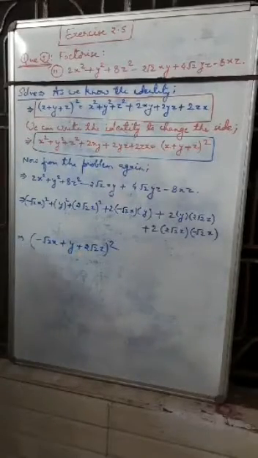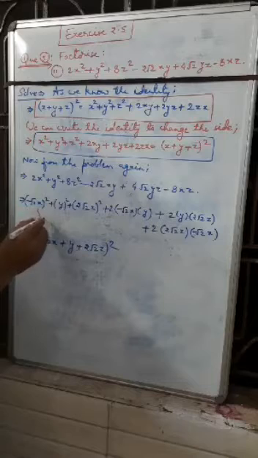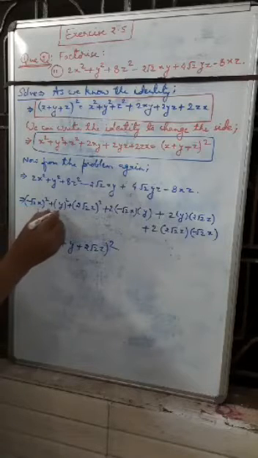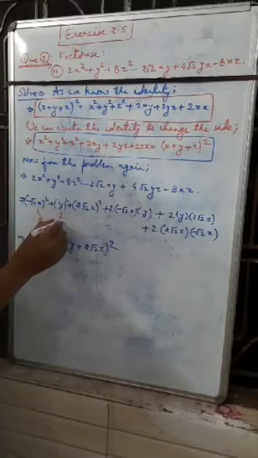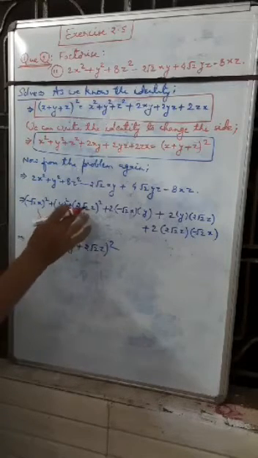So here x is root 2x, so in place of x we write this, in place of y we write y, and in place of z we write 2 root 2z.